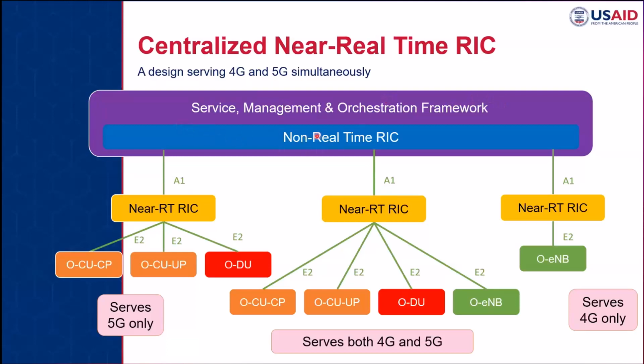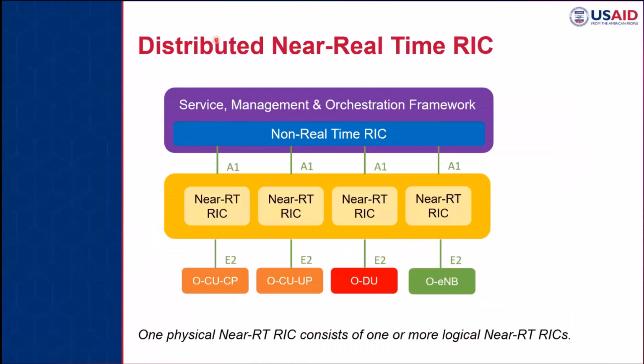So you have the non-real-time RIC in a centralized manner, and then corresponding near real-time RICs for every functionality, like 5G only, 4G and 5G, and 4G only. You can also have a distributed near real-time RIC. Every E2 node is connected to the near real-time RIC.